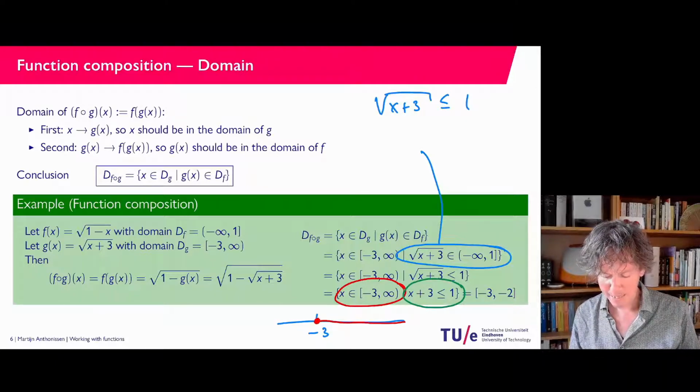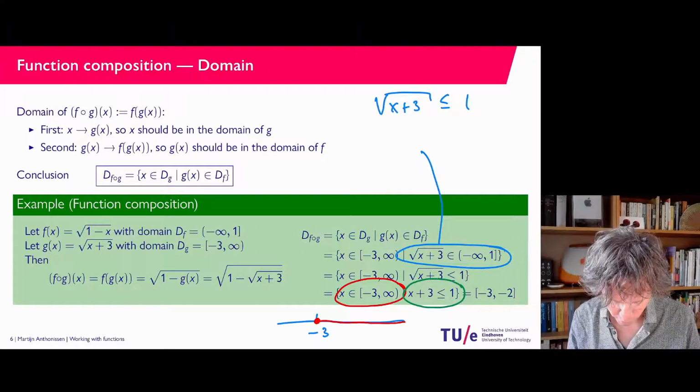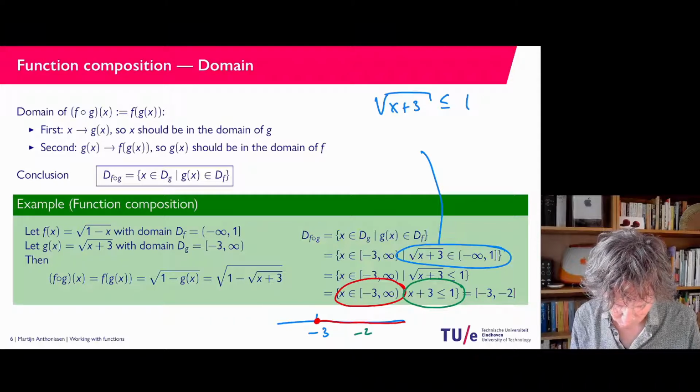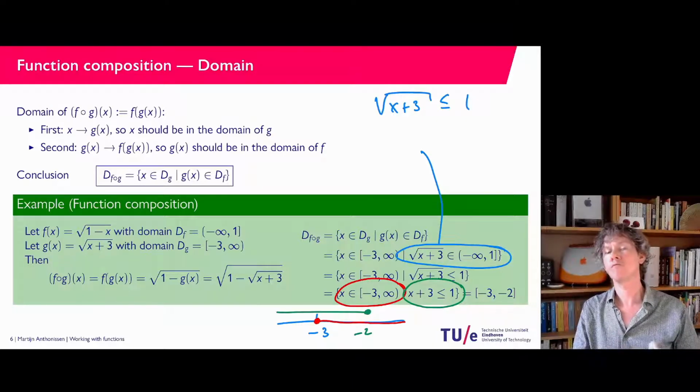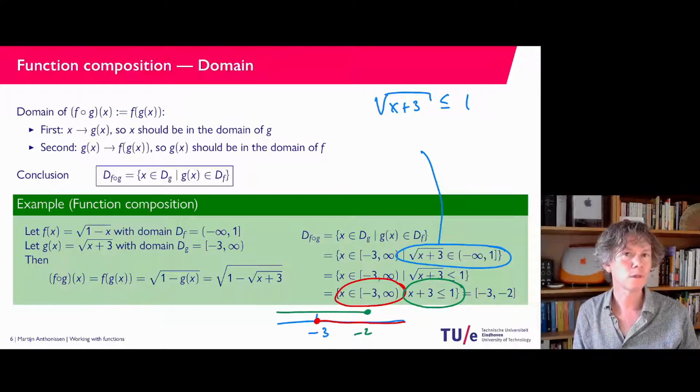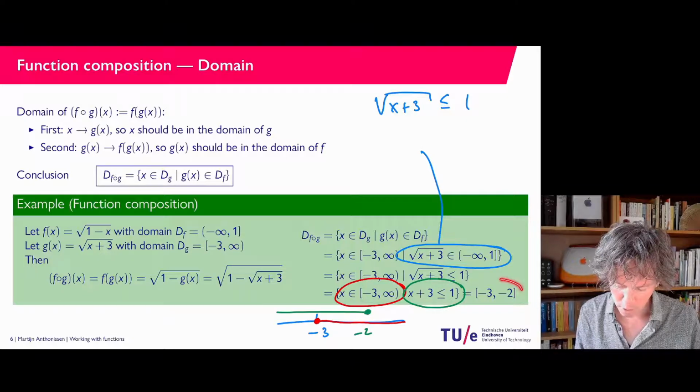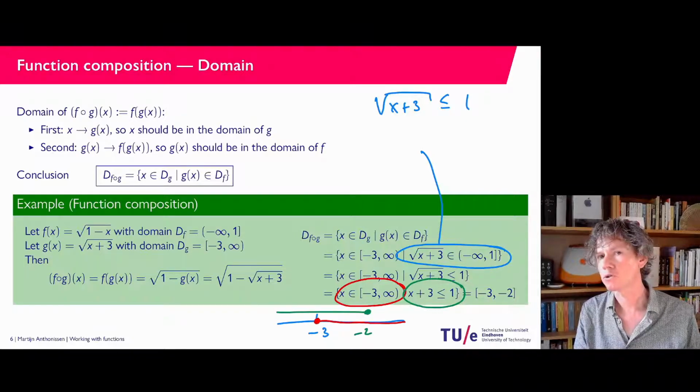So that means that x itself should be less or equal minus 2. So we also have here, say, minus 2. And then we have the collection from here, and this number is included. And then we need the numbers that satisfy both the red and the green requirement. So that is the numbers in between minus 3 and minus 2. So that is the domain of this function. So a bit more work, as you see.